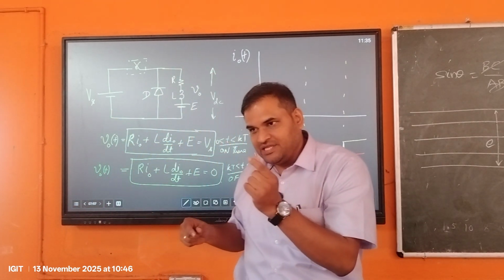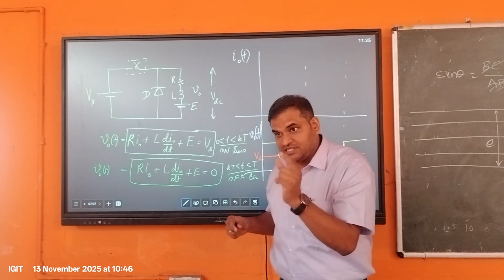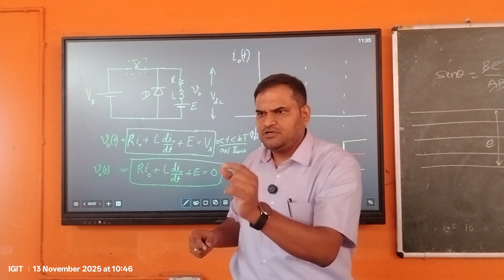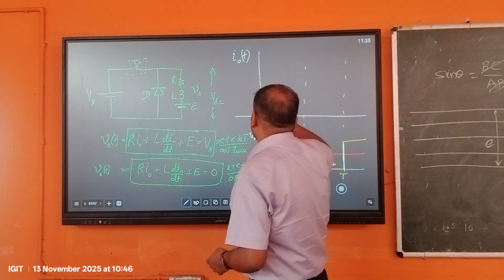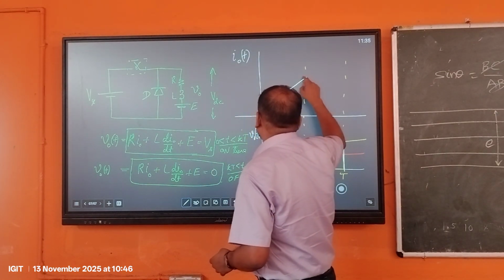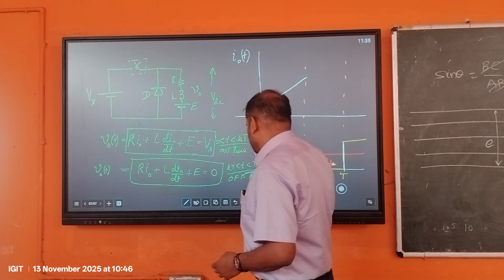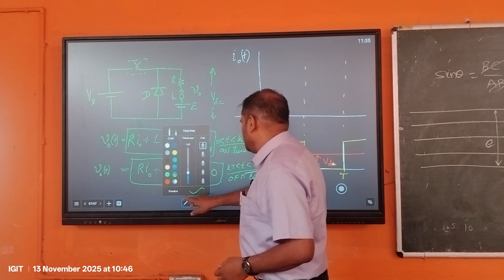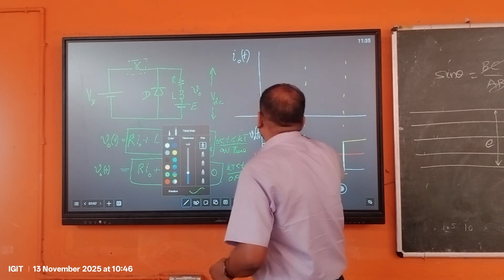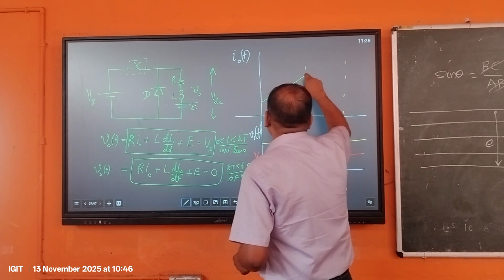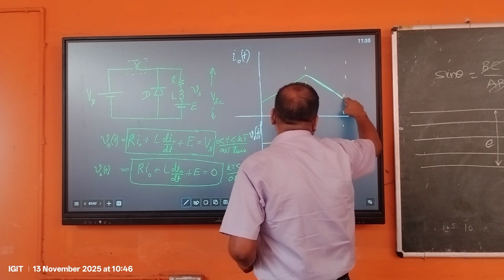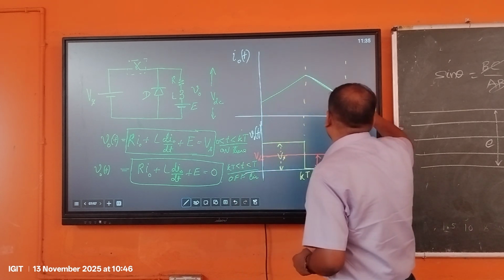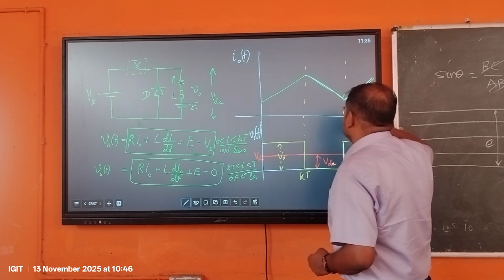Because if we apply a DC voltage across an inductor for a short time, it will not be a short circuit if we keep it on only for that time. So how will the current behave? The current will rise like this. The current will rise, after that the current will fall, and again the current will rise.